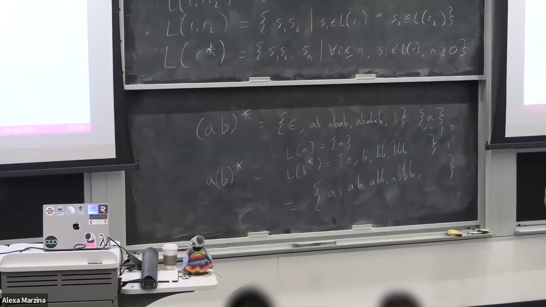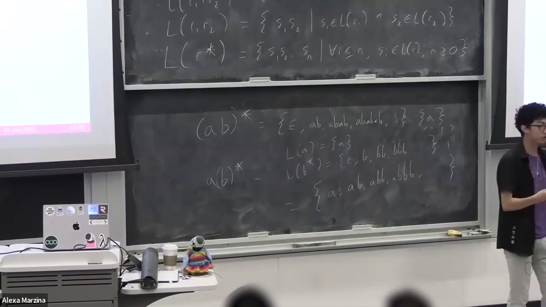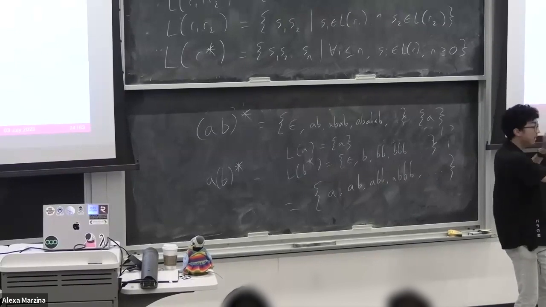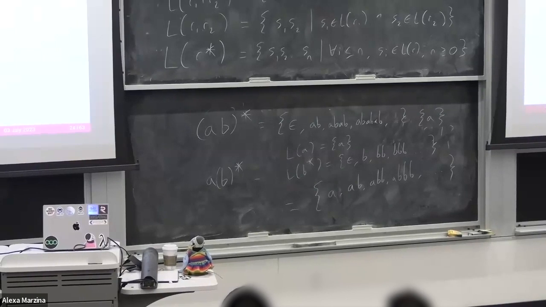For this, yeah. That would be this, actually. Okay. Yep. Yeah, so as a recursive definition, we rely on what the language of the thing immediately prior is. Okay. Yep, good question. Cool.